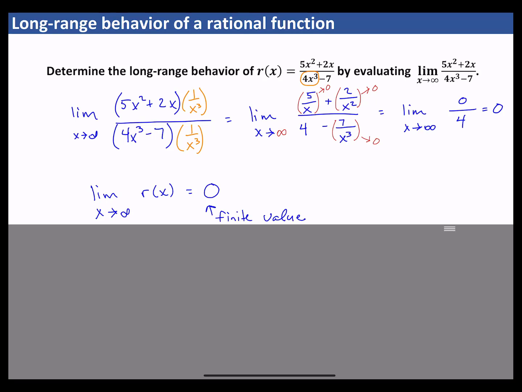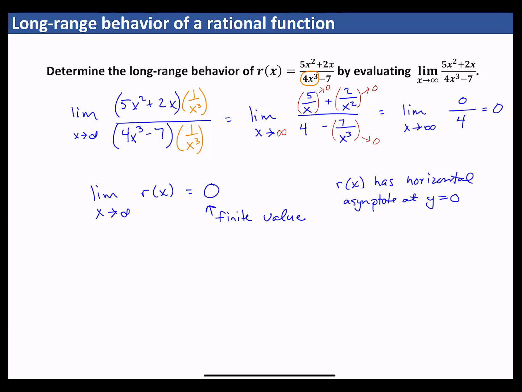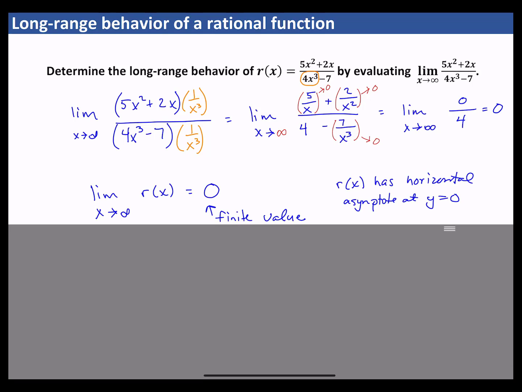From our previous studies, we know that that means r of x has a horizontal asymptote at y equals 0.